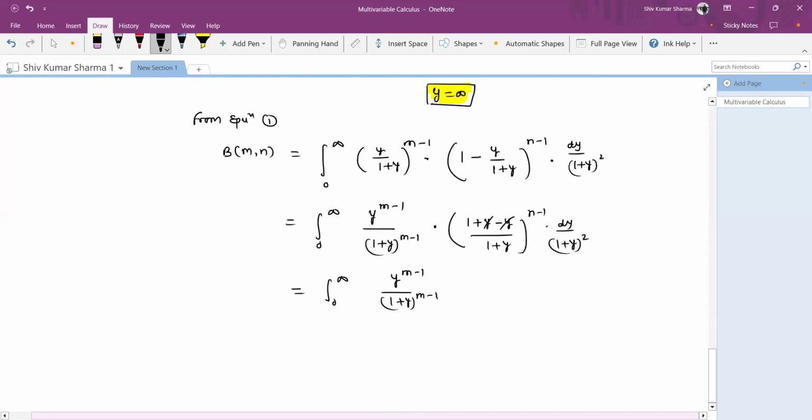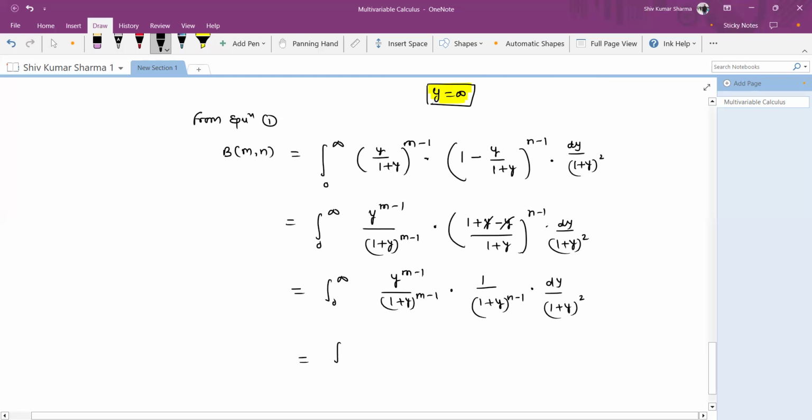So this can be written as integral 0 to infinity y raised to the power m minus 1 upon 1 plus y raised to the power m minus 1. And the second term will be 1 upon 1 plus y raised to the power n minus 1, and last dy upon 1 plus y to the whole square. So we see that the denominator is the same, so we add the powers.